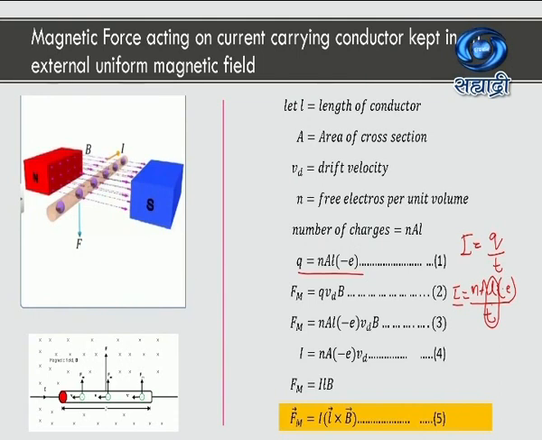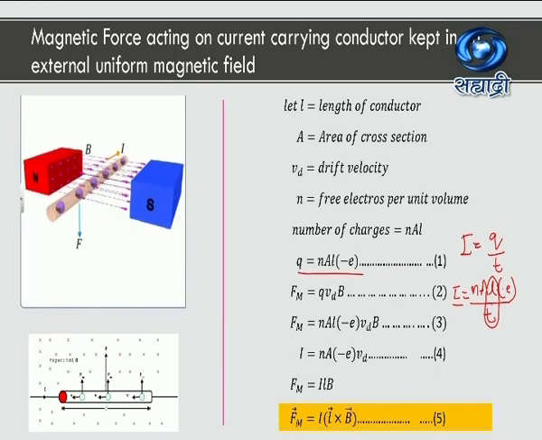Remember, when we were talking about charge q moving with velocity v in external magnetic field B, then the magnetic force Fm was given as q v cross B. But now, when those charges are confined within a conductor of certain length with area of cross-section, then this particular rod of certain length which is inside the magnetic field also experiences magnetic force, which is given by equation number 5.